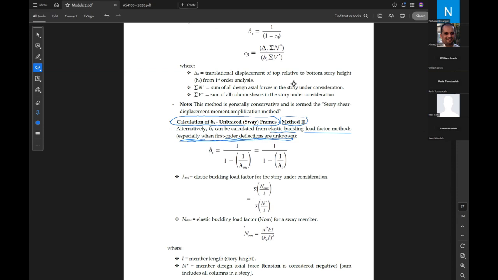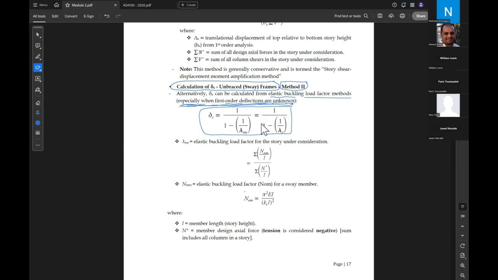In this case, delta S will be equal to 1 over (1 minus 1 over lambda ms), or equal to 1 over (1 minus 1 over lambda c). So we have two factors we need to know, lambda c or lambda ms.